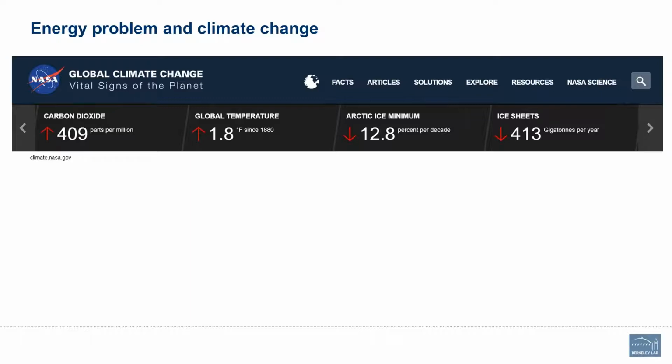We have the highest number of years with higher temperature. So we're increasing the temperature by about 1.8 degrees Fahrenheit since 1880. And this has caused the Arctic ice to raise its minimum levels, as well as the decrease of ice sheet.